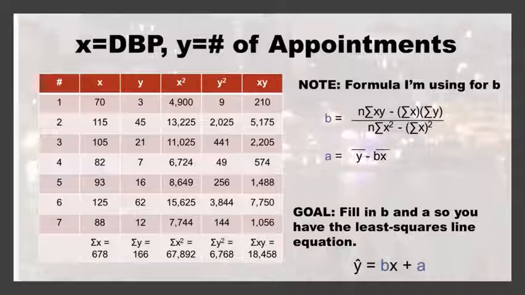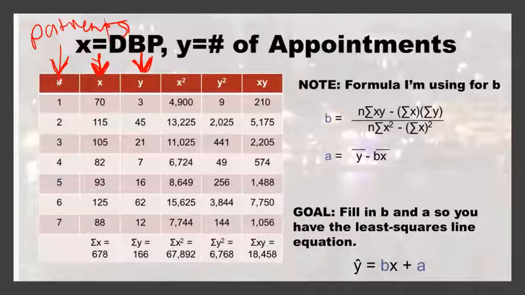Your X was the diastolic blood pressure reading of the patient. Your Y was the number of appointments that patient had that year. And then this is just the patient, the individuals that came in to see this physician.